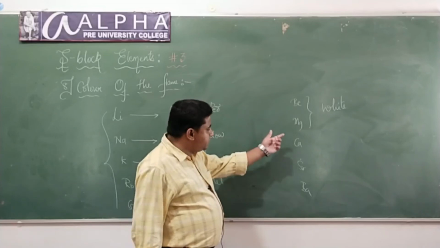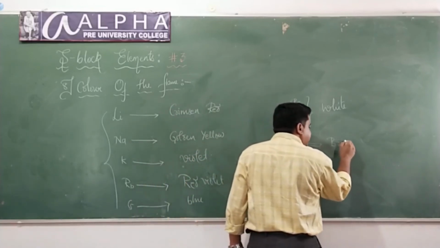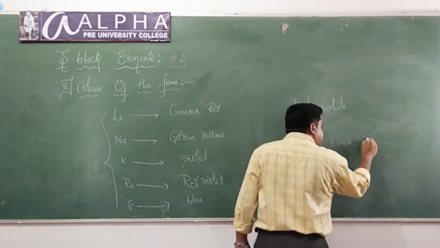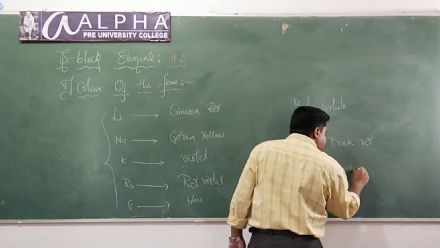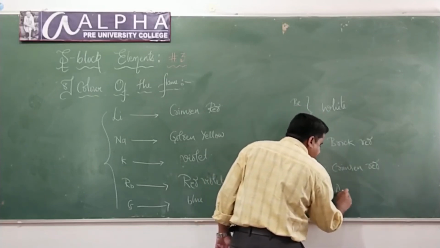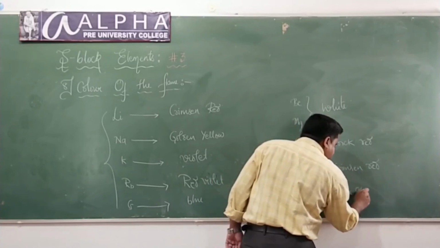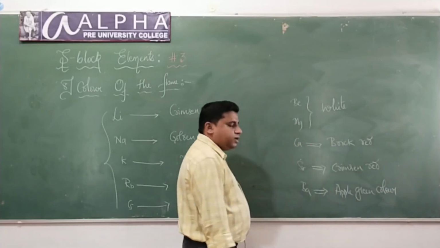Whereas calcium imparts brick red color to the flame. Strontium will impart crimson red, and barium will give apple green color to the flame. Okay, got it?